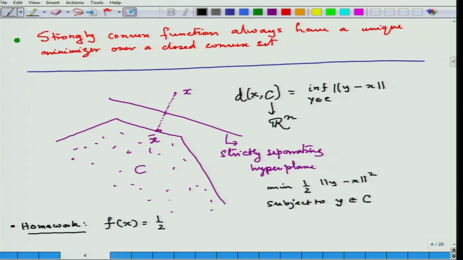So, f of x is equal to the squared norm of y minus x. Show that it is strongly convex. Find rho in this case.